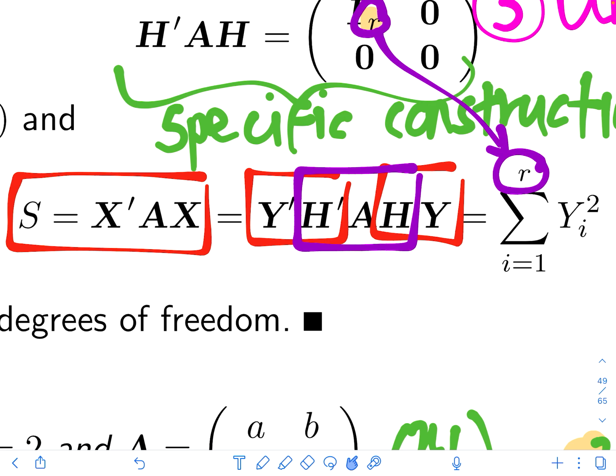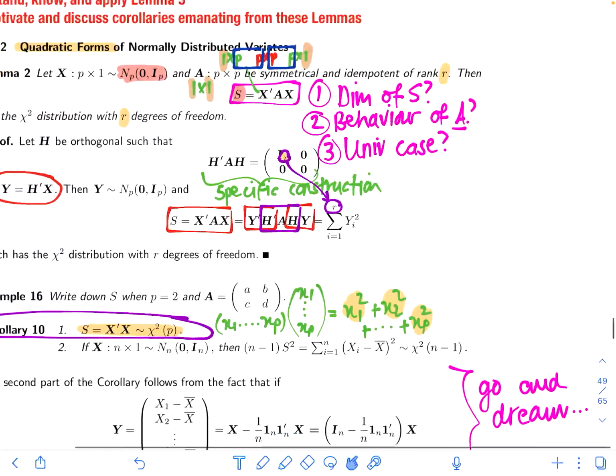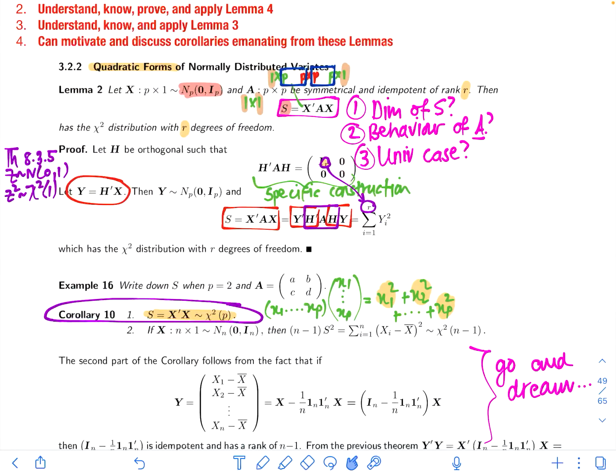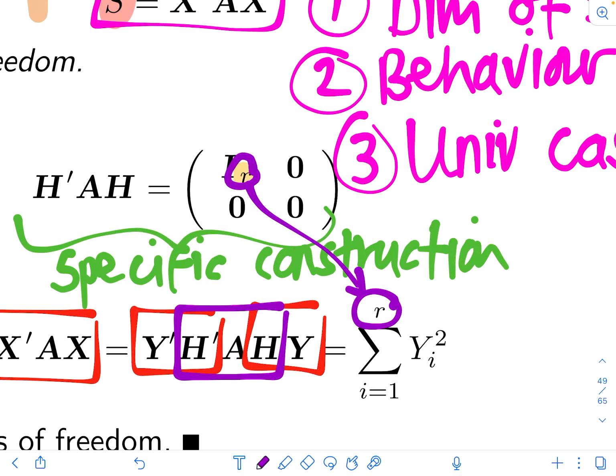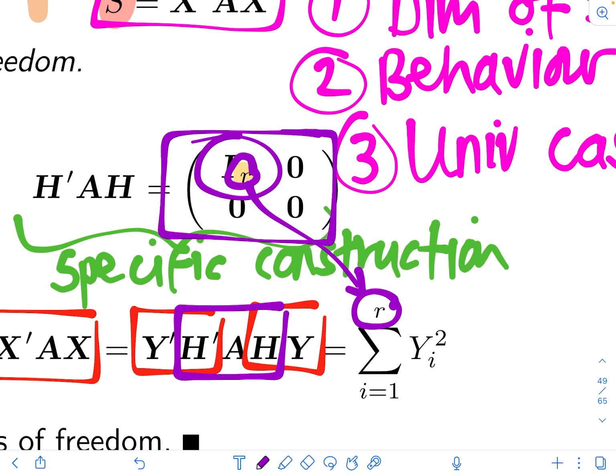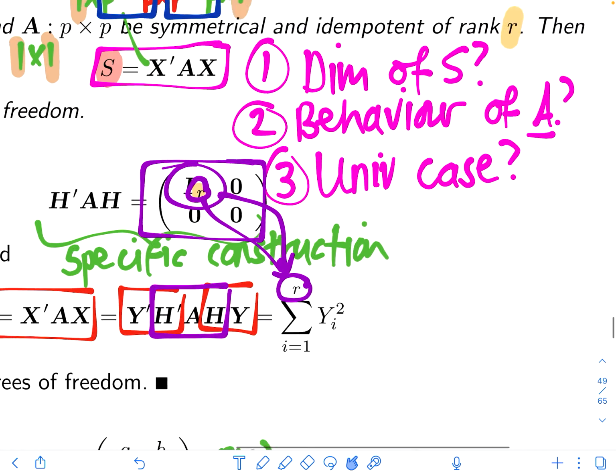But the y values are multivariate normally distributed. Even though y is p-variate, I'm only going to be using the first r of them because of this construction that I have over there. Let me put another purple block around it. So we're only going to be using the first r, and that is why we have that sum up to r over there.